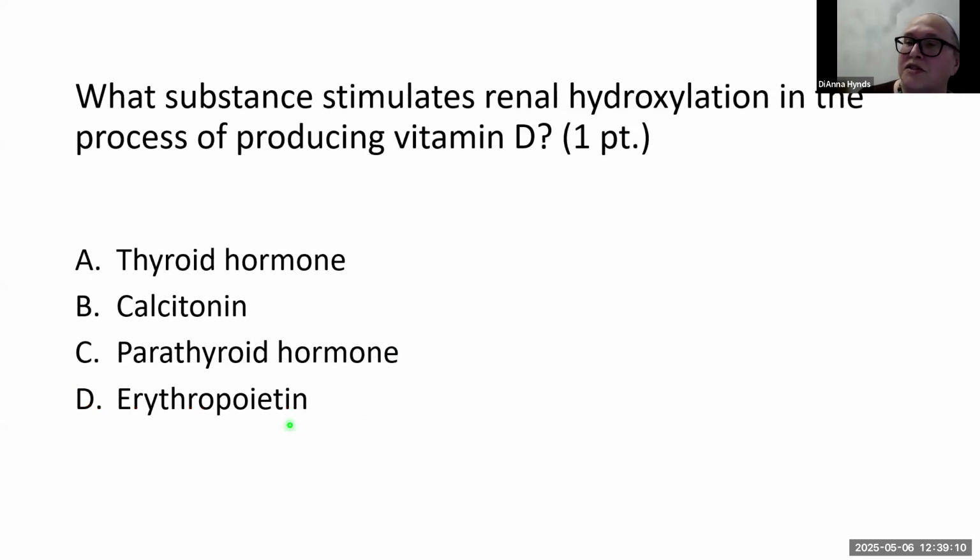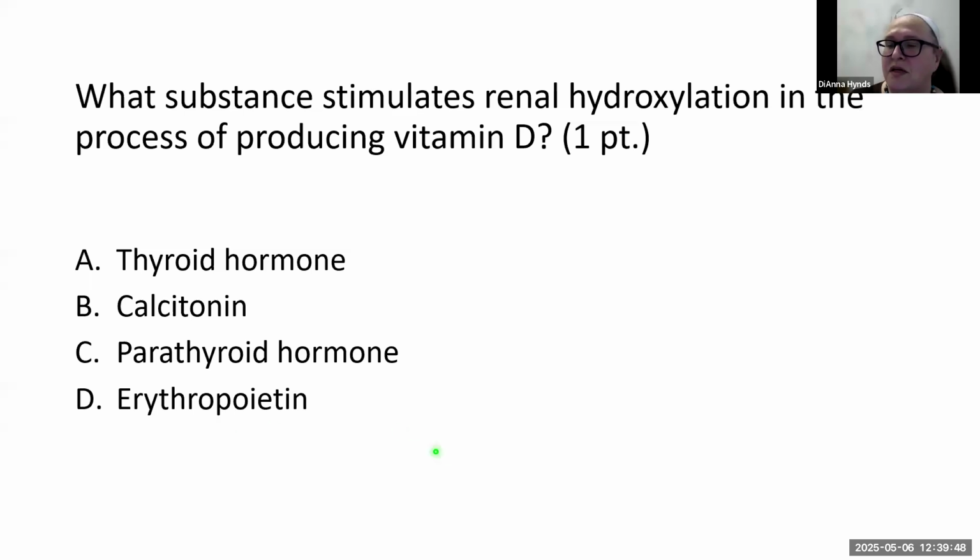Okay. Next question. What substance stimulates renal hydroxylation in the process of producing vitamin D? Vitamin D can be produced in the body. We can also get it in supplements, but what substance stimulates renal hydroxylation so that you can produce vitamin D? Is it thyroid hormone, calcitonin, parathyroid hormone, or erythropoietin?